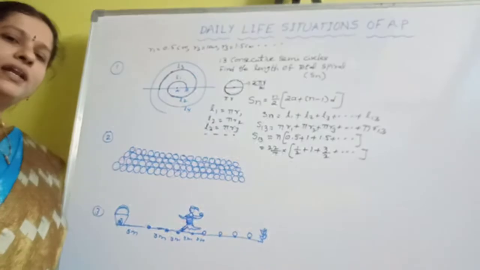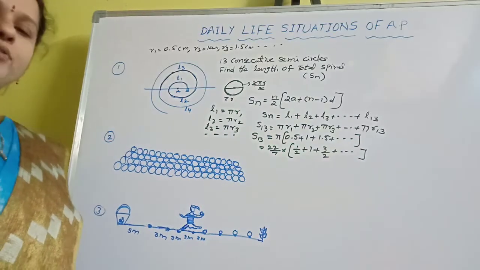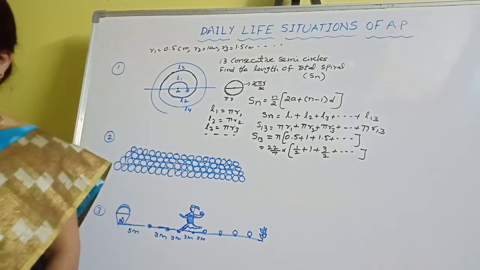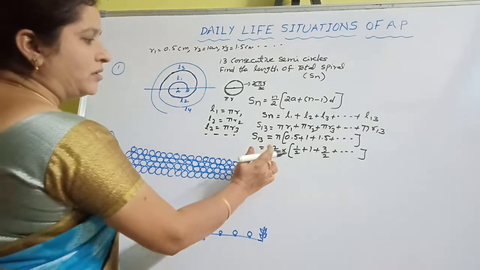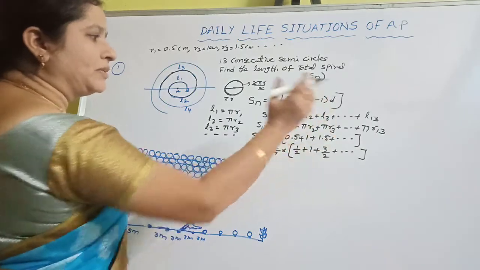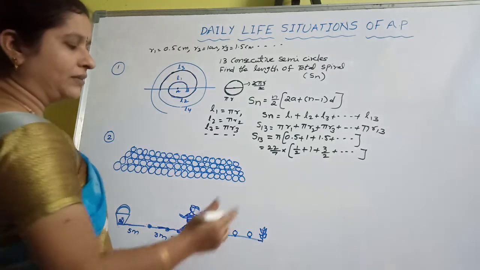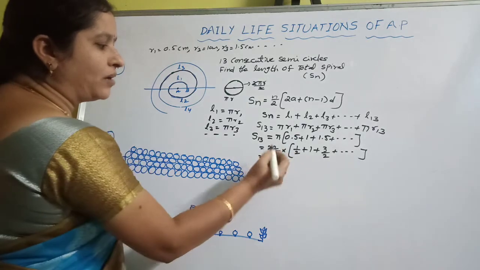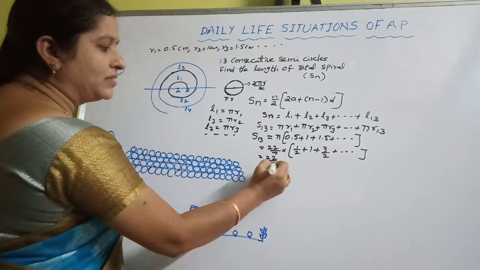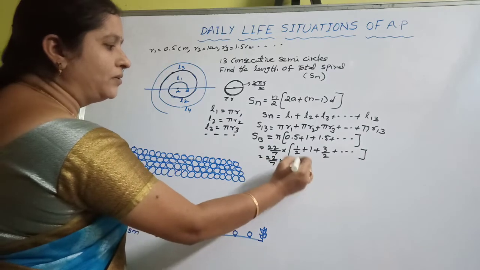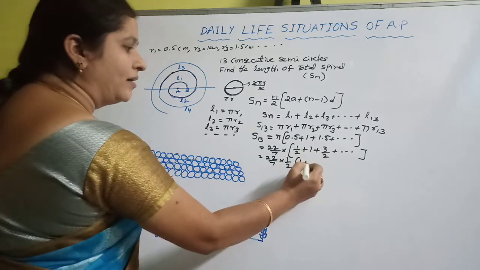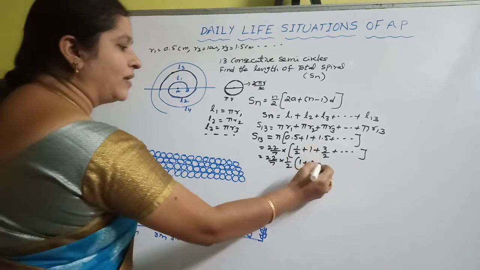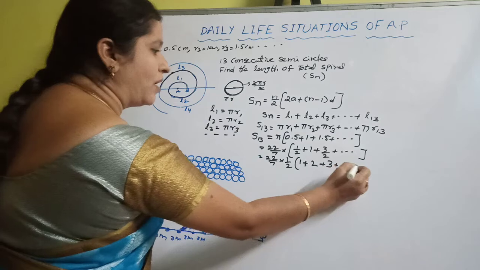To find the total length of the spiral, you have to find the Sn value, that is S13, equal to pi r1 plus pi r2 plus pi r3 plus so on up to pi r13. Take 1 by 2 common here: 22 by 7 into 1 by 2 into, remaining 1, then 2 into 1 by 2 is 1, this is 2, then 3, plus so on.